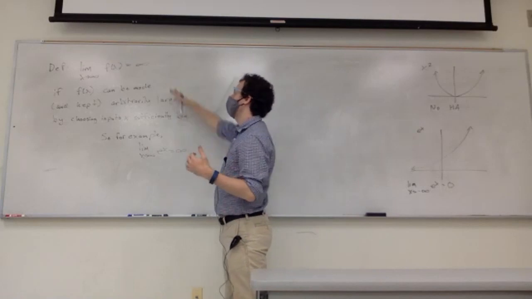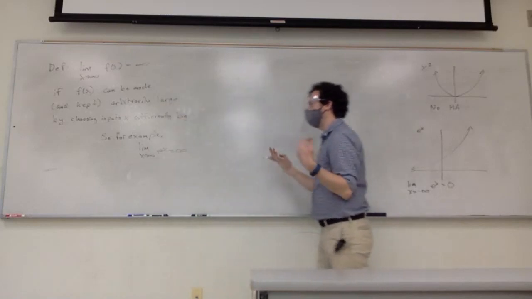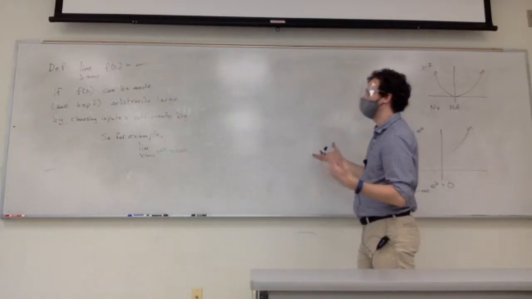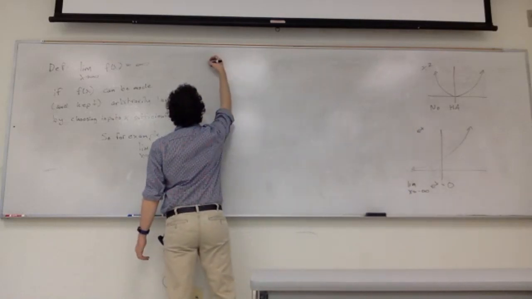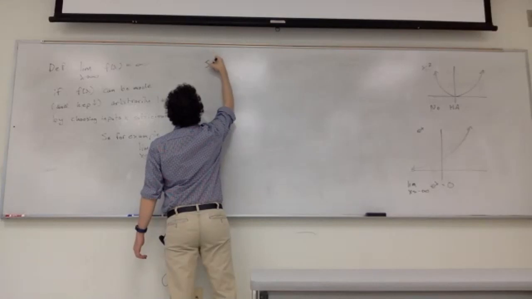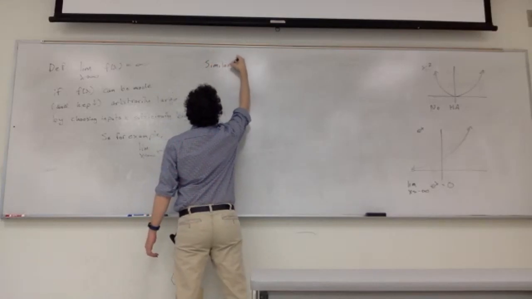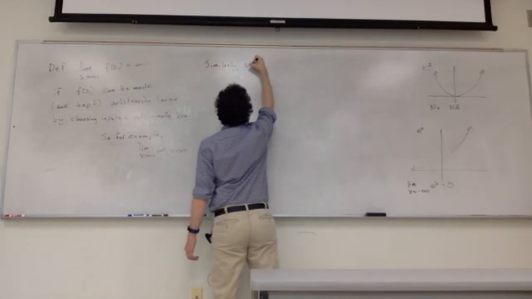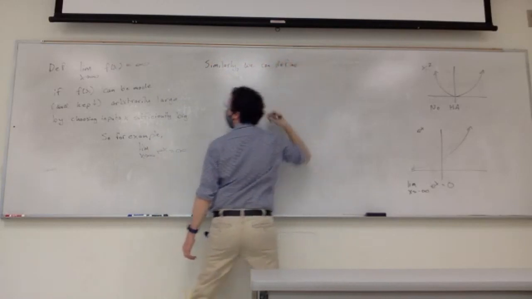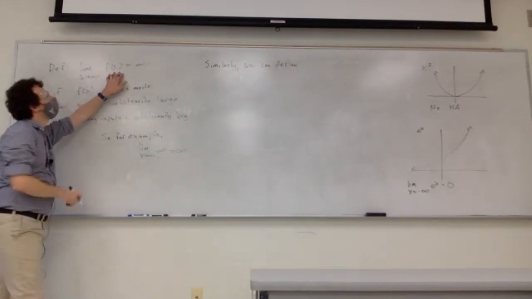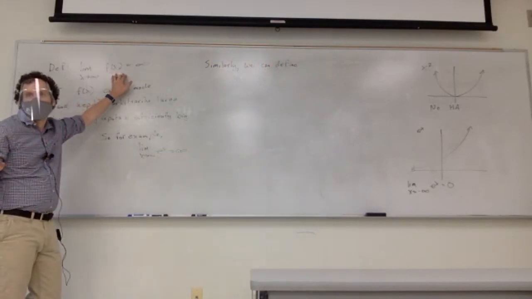What I'm not going to write out, but you can sort of imagine, and we'll look at some pictures exemplifying this. So similarly, we can define some other variations of this, which introduce some negative signs in there.